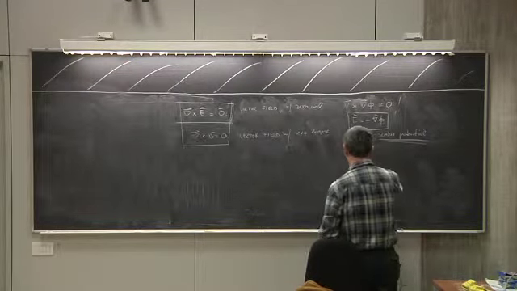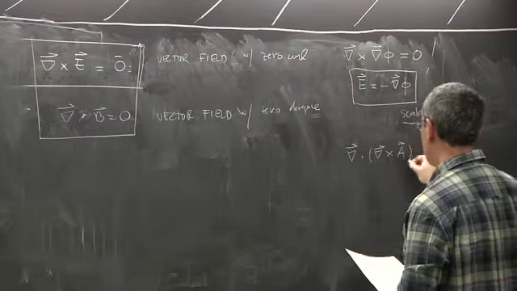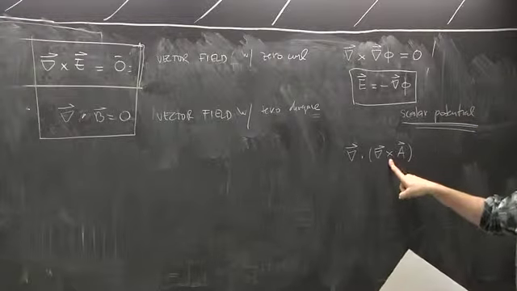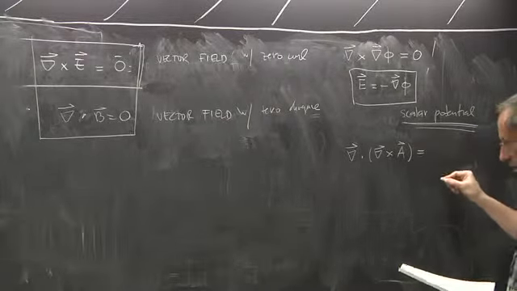Now again, if you remember your vector calculus, the divergence of a curl is always 0.